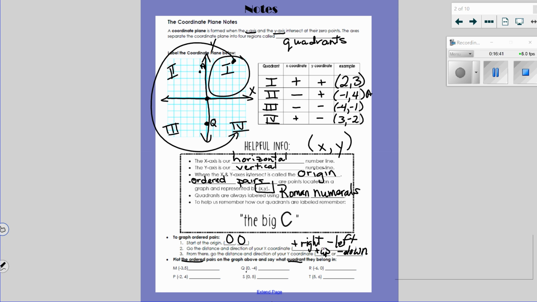Origin's in the direct middle. What is it on? What did we say this was? Good job, JJ. So that one's actually on the y-axis. So that's kind of a trick question. That's why I wanted to start with that one for you guys. Does that make sense? Okay.